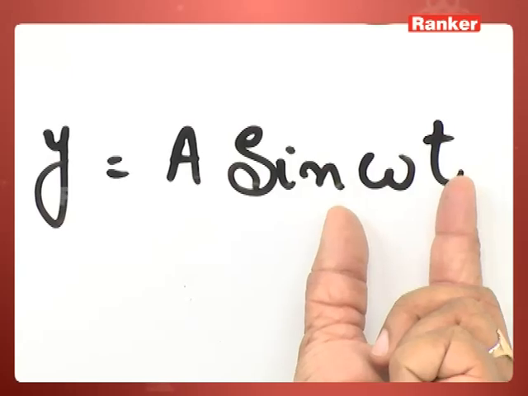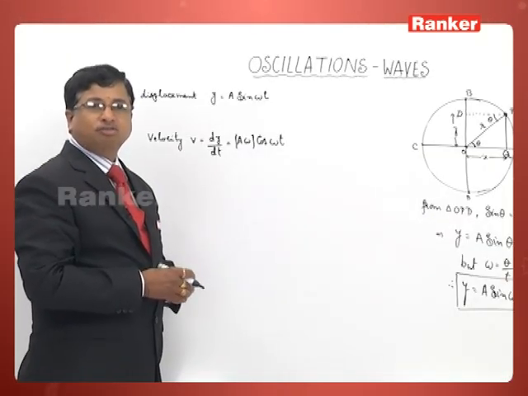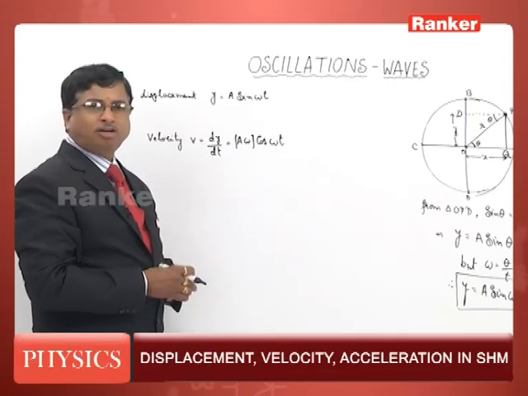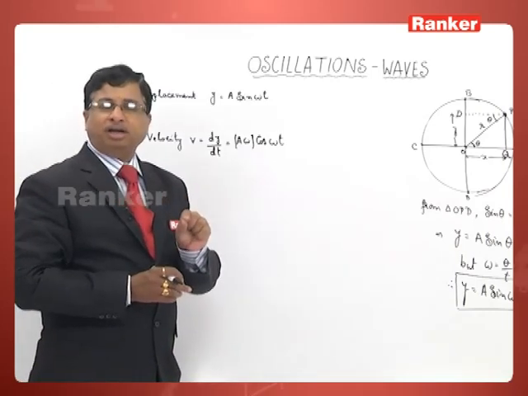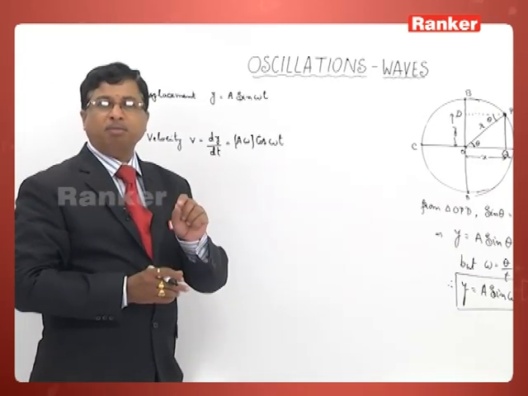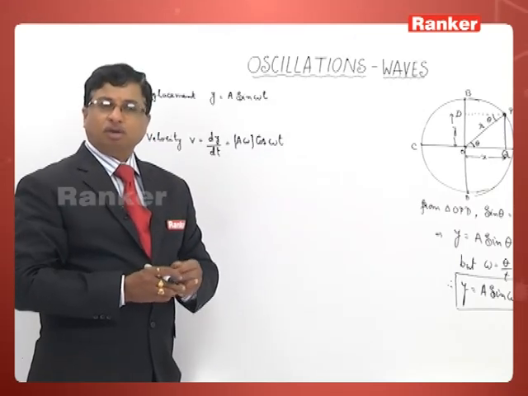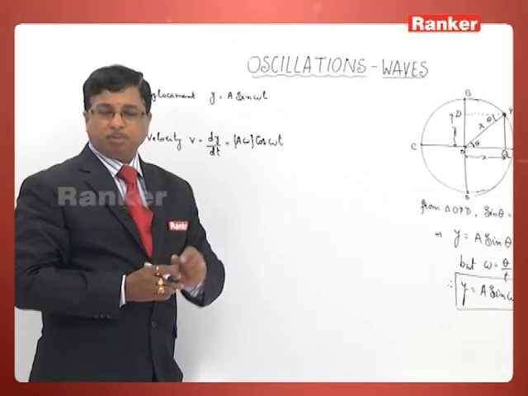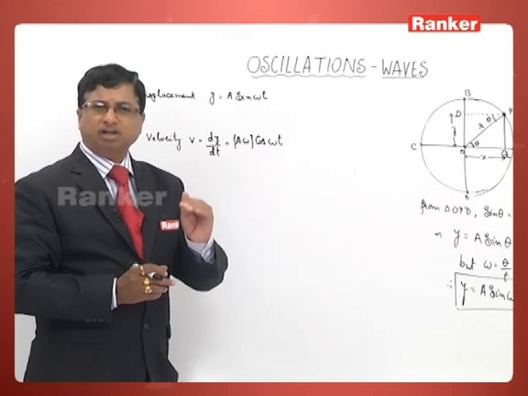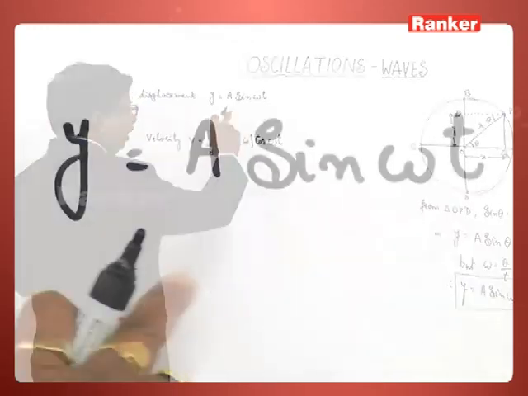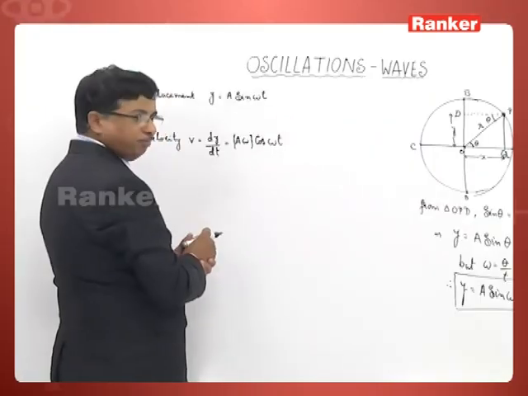After the function, whatever we are having as angle, that is what we call the phase. In fact, phase is nothing other than the angle subtended by a vibrating particle from its mean position of rest. Let us elaborate that a little later. So, amplitude first, then function, then phase.